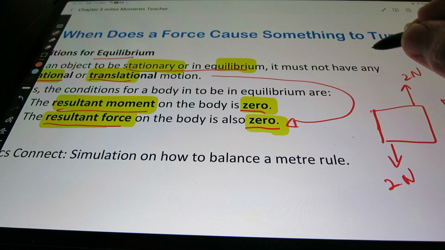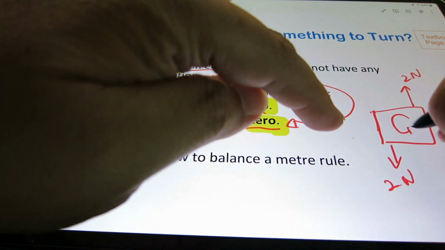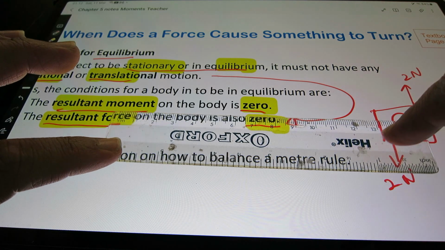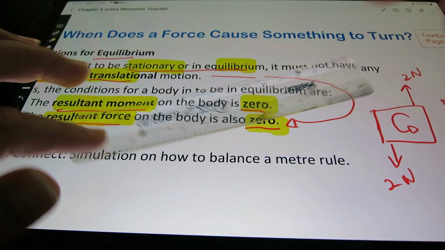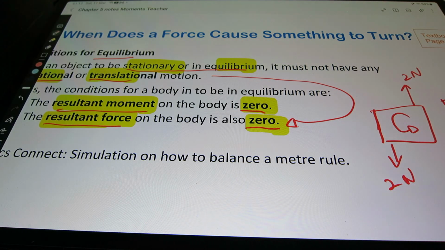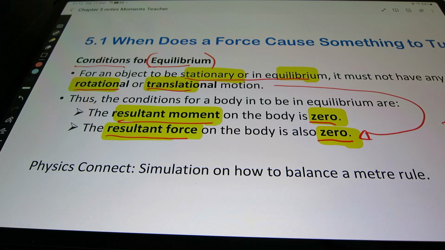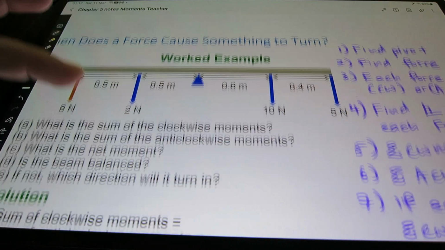Obviously, when I pull it this way and pull this way, you expect the object to rotate in this direction. I pull it up this way, I pull it down this way, and the object is going to rotate. So this object is not in true equilibrium, or rather a full equilibrium. For a full equilibrium to happen, the resultant moment must also be 0.